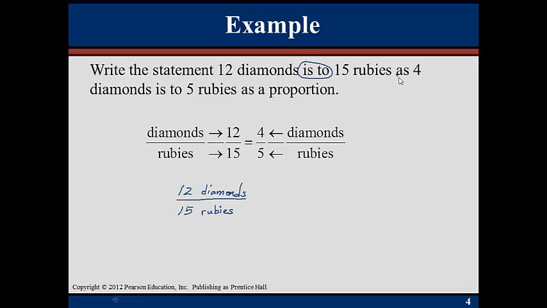And then "as," equal sign. And then we see 4 diamonds, again that's up top. And then we see "is to," that means our fraction bar, 5 rubies. So this is our proportion.